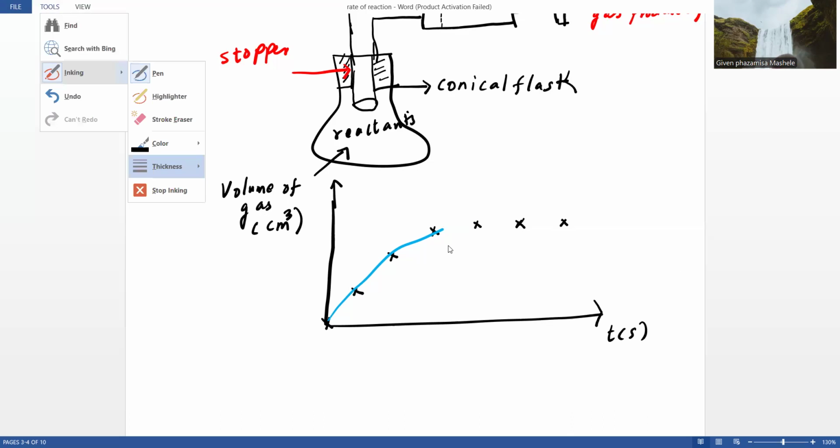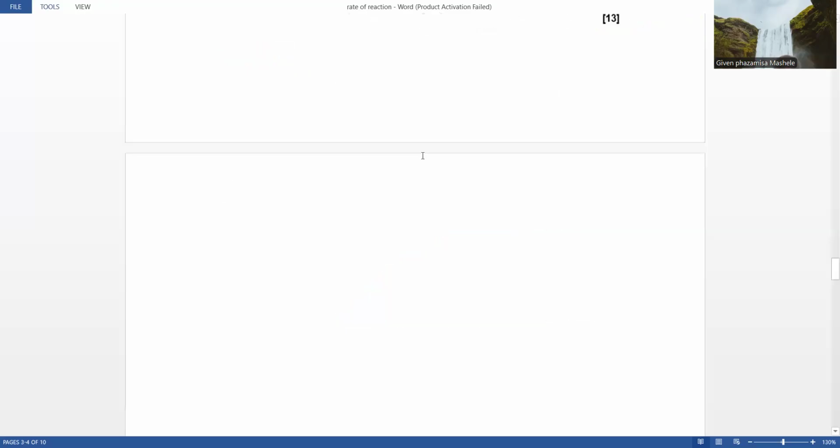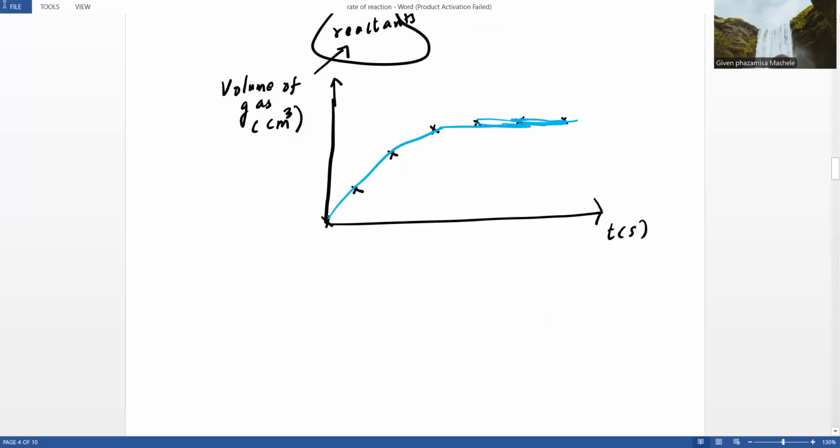Now if we reconstruct this, the graph will look like this. Yeah, we have something like this.